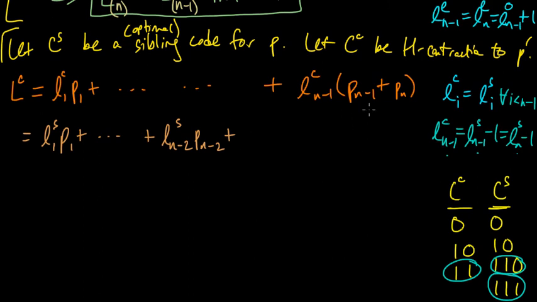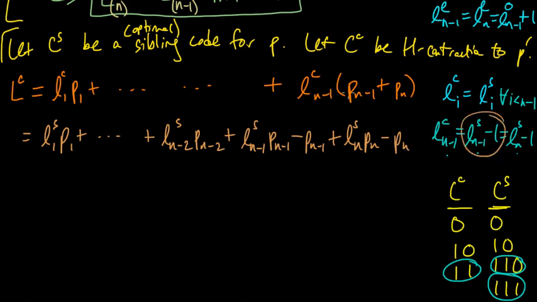So if we distribute that and plug these in, we get L_{n-1}^S (p_{n-1}) minus p_{n-1} plus L_n^S p_n minus p_n. I distributed this and plugged this in for when it multiplied by the p_{n-1}, and plugged this in for when it multiplied by the p_n. And then I distributed the p's through each of these expressions.